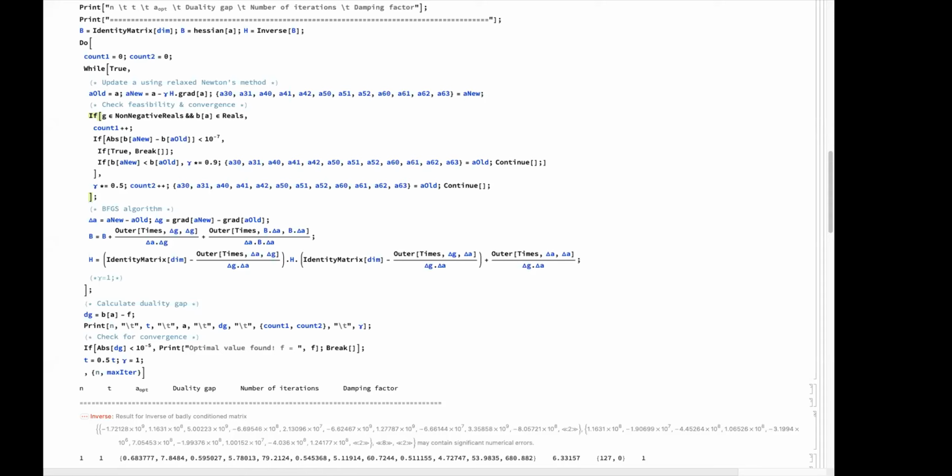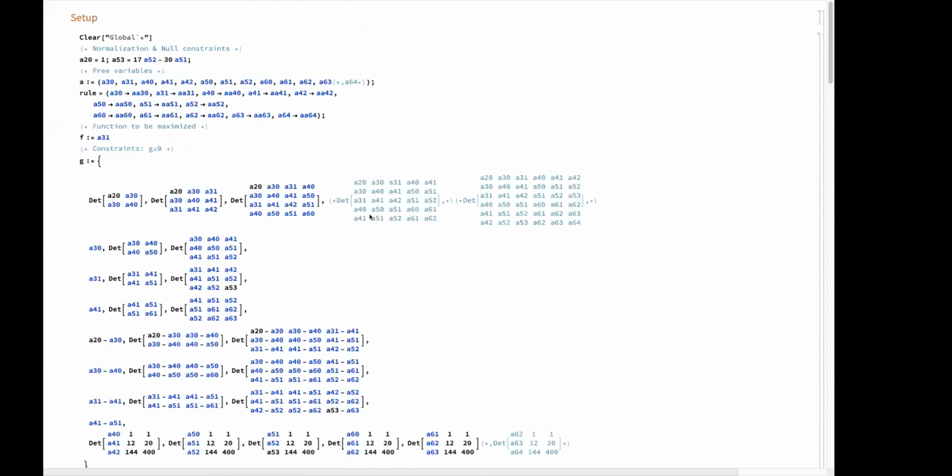So I modified my program. I sped it up a little bit so that it can handle more couplings in higher dimensional space. Can you see my Mathematica? Okay, so we want to include A6 also, right? Previously we were only considering up to A5.